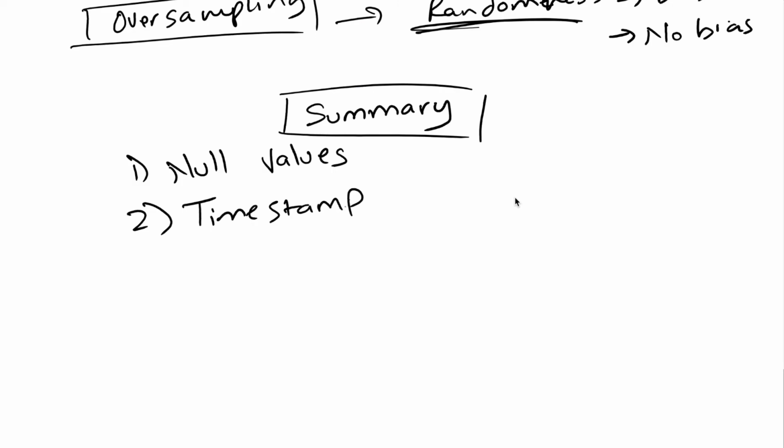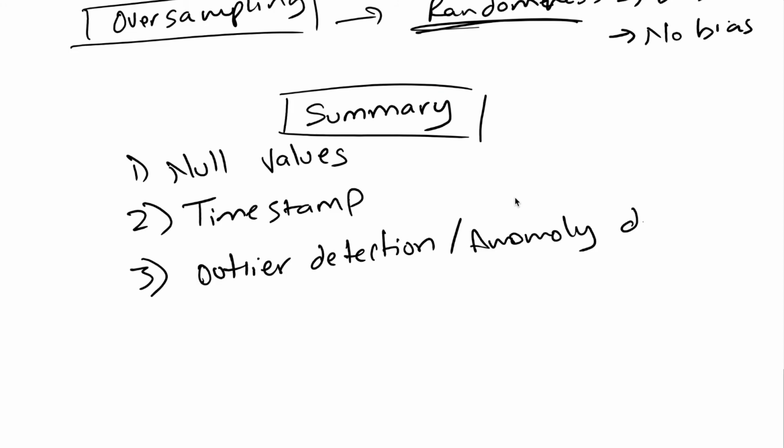If you're given data which is in the form of numbers, especially dates, and you want to do time series analysis, you have to convert that into date and time. The third type of data cleaning we dealt with was outlier detection, also known as anomaly detection. And then your fourth one was to do with sampling.